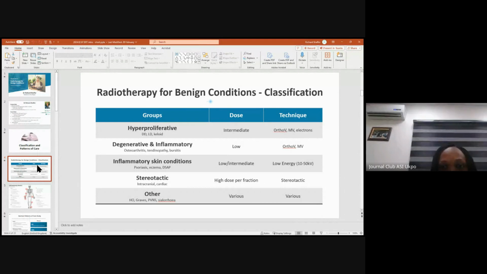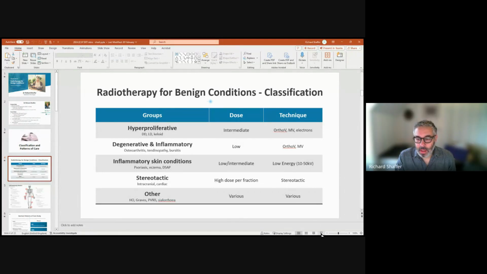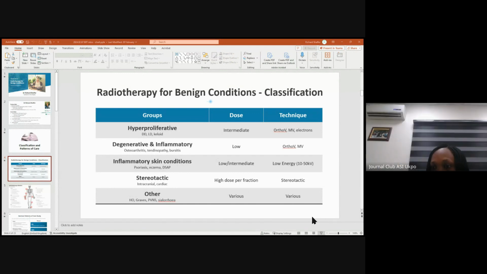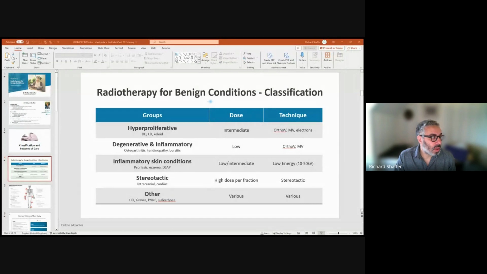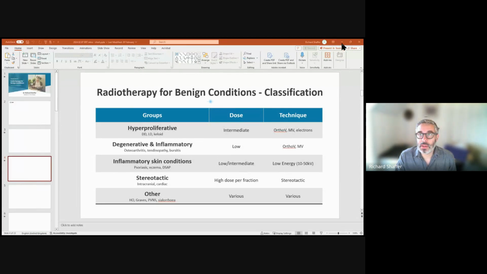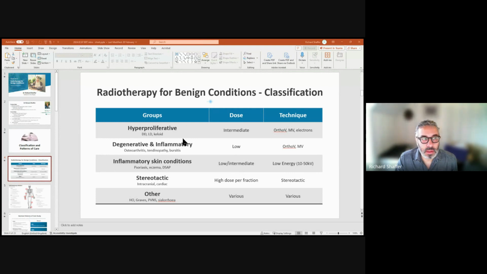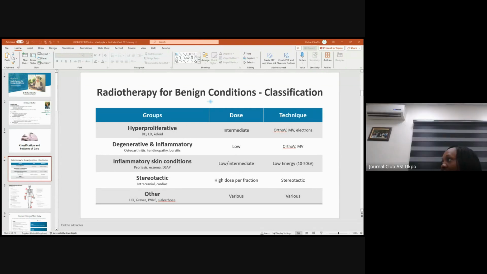Sorry, Richard, can you make it full screen, please? Yes, I can try. One moment. It was going wrong before, but I can see if it goes right now. That doesn't seem to be correct. Is that better? Okay. No. It's the same thing.